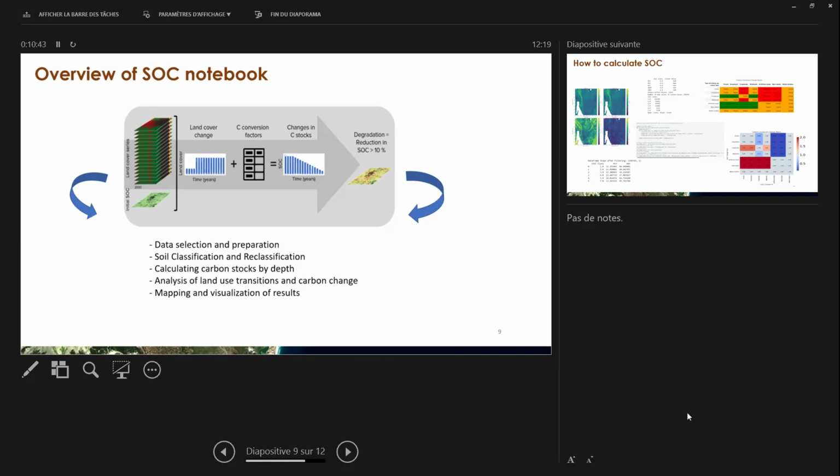Then finally, we do the mapping and the visualization of results, which are based on the soil organic carbon for the target period and the soil organic carbon for the baseline period. So we will do a computation based on a formula that we will see later during this presentation.